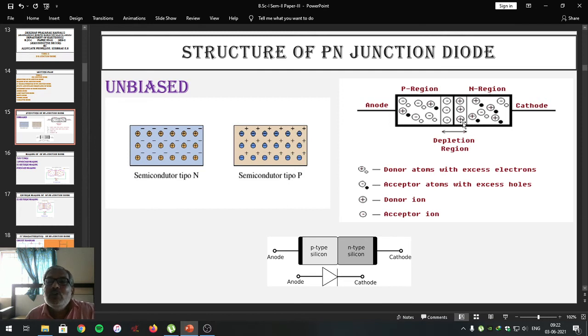Thus, due to the process of diffusion, and due to the formation of positive and negative ions across the junction, the depletion layer is formed, which constitutes the barrier potential.